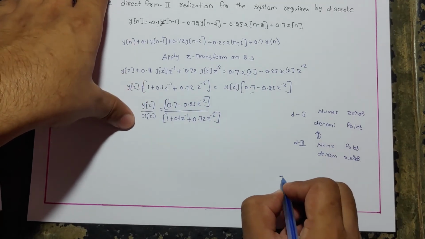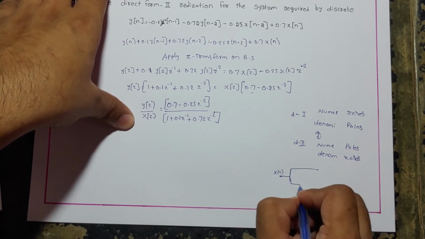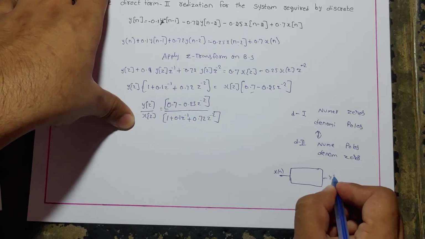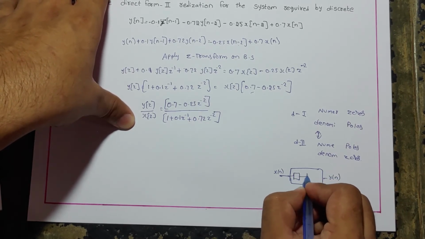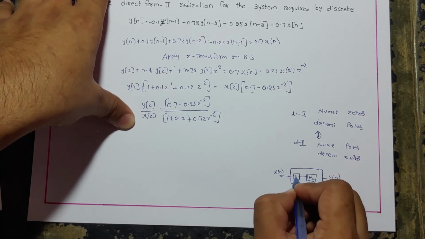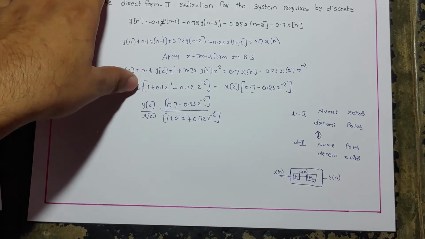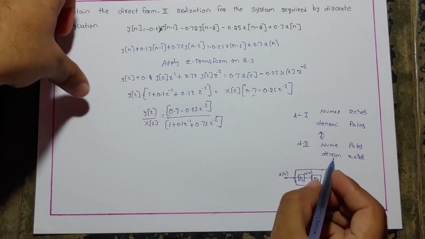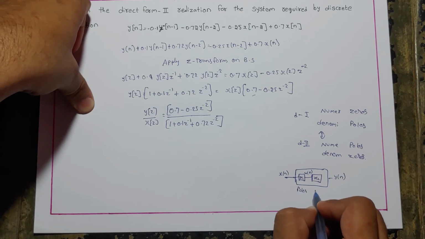We know that x of n is an input. Here is the system with an output of y of n and with the subsystems h1 of z and h2 of z, where the output of h1 is w of n. Let us do it now. This is poles and zeros.